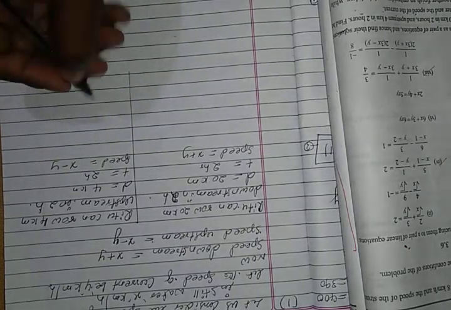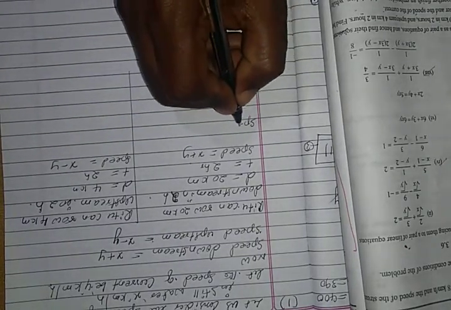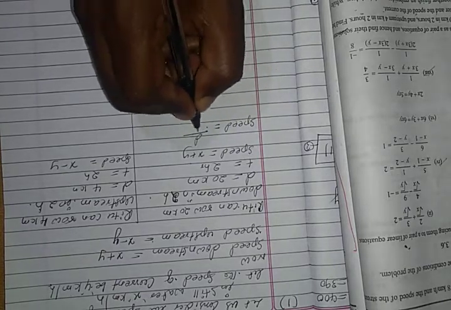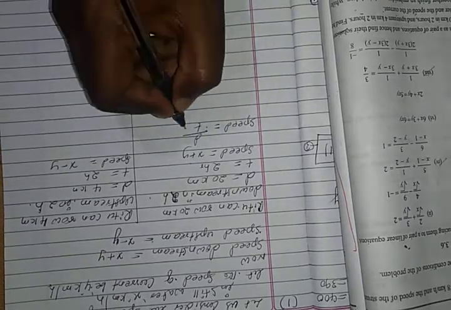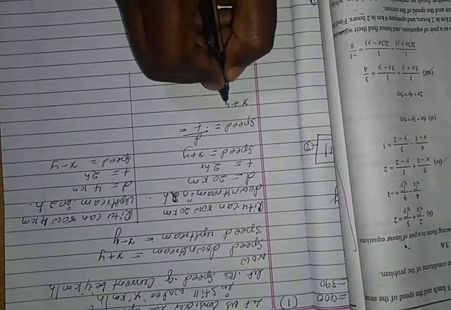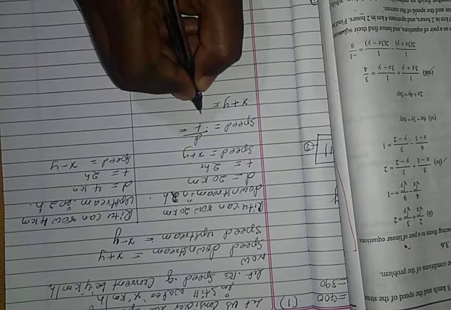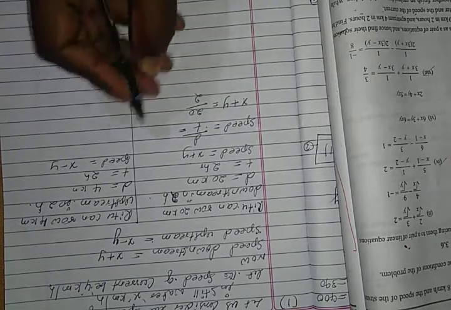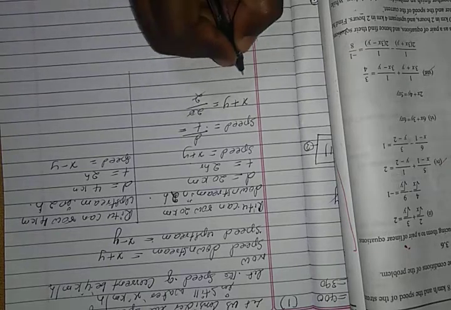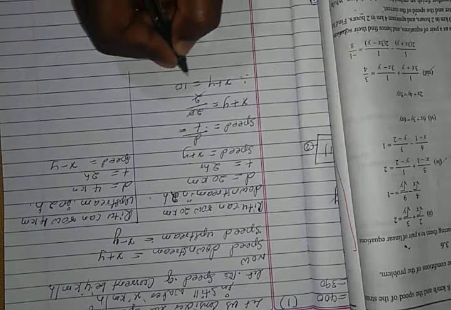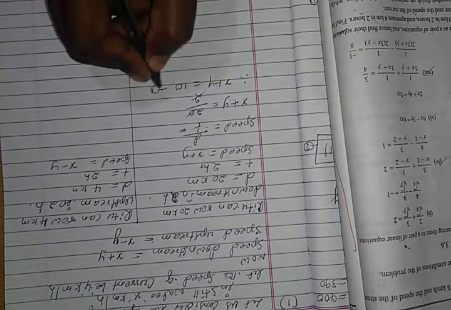We know the formula speed is equal to distance traveled divided by time taken. So speed is x plus y, distance is 20 km and time is 2 hours. 2 ones are 2, 2 tens are 20, therefore x plus y is equal to 10. So this is equation number 1.